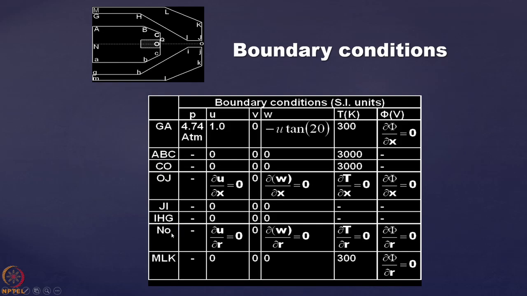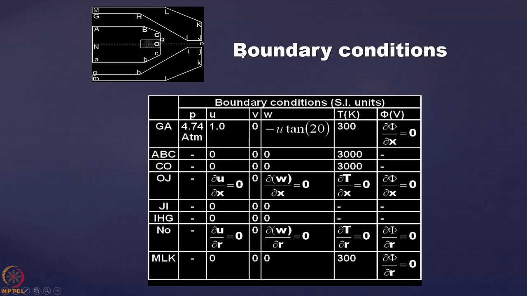Now you see here there is something, del u by del r is 0. What is u? U is the axial velocity.